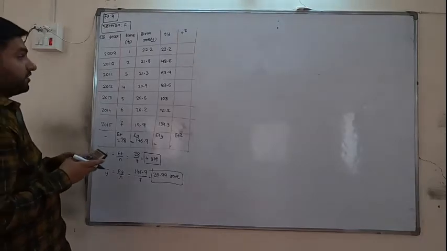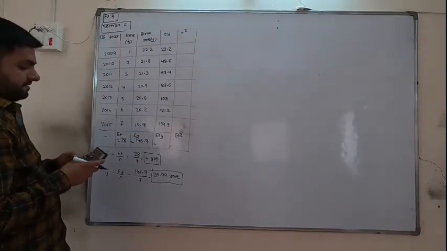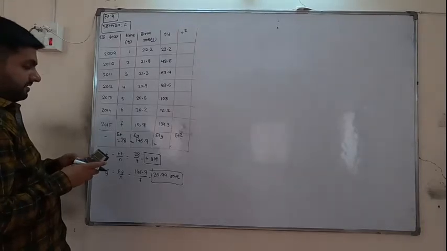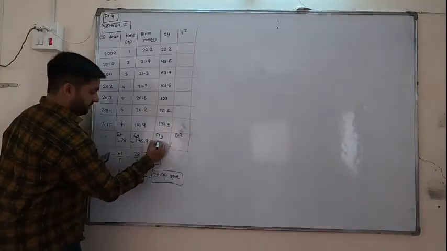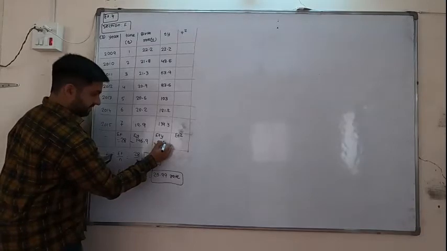So 22.2, 43.6, 63.9, 83.6, 103, 121.2, 139.3, the sum is 576.8.